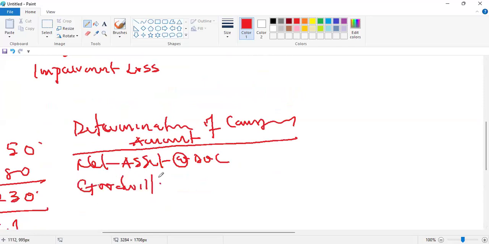Is it fair value or share proportionate? The net asset at DOC plus the goodwill. How they value the goodwill is either fair value or share proportion. If it is fair value, I will add. So when we finish the question, I will now go back to the net asset at DOC because something can affect the retained earnings. So let's leave that. We go to additional information 5. We will now come back to this.